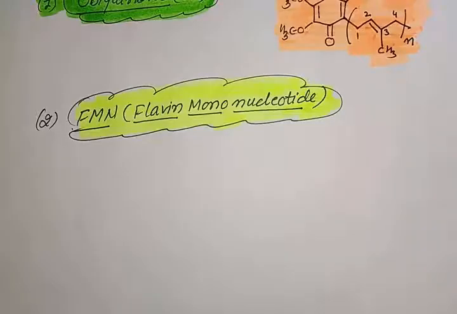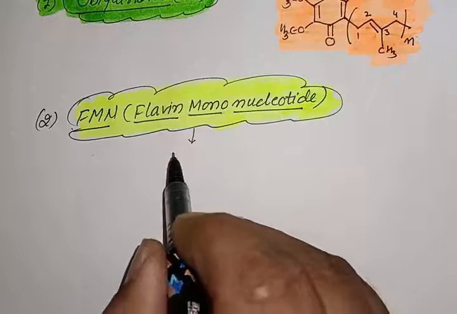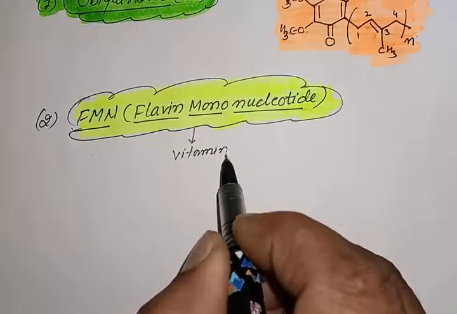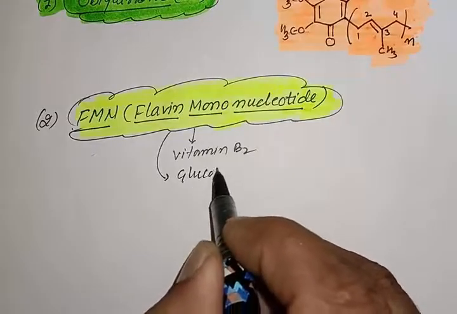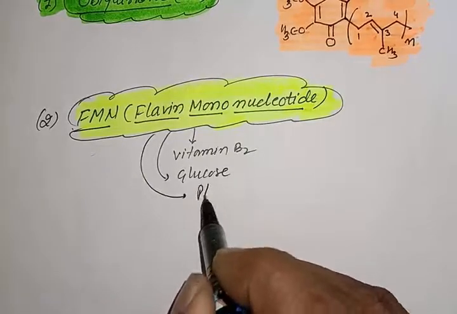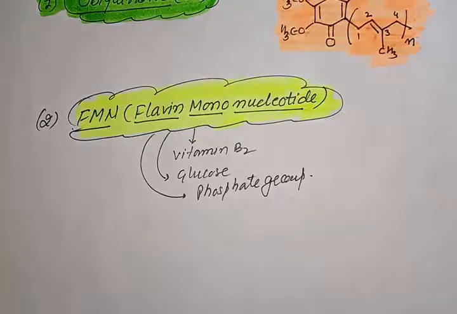Next one is the flavin mononucleotide, that is FMN. It is made up of three molecules. The first molecule is vitamin B2, the second molecule is a sugar, and the third molecule is a phosphate group.